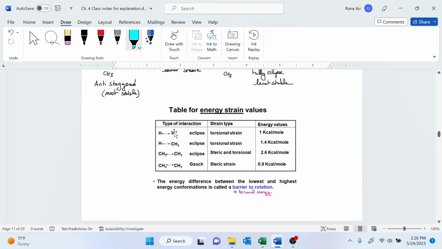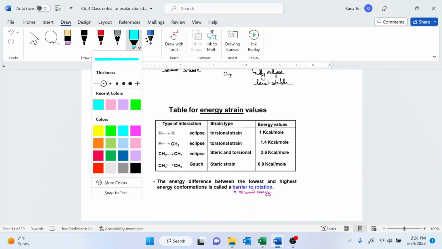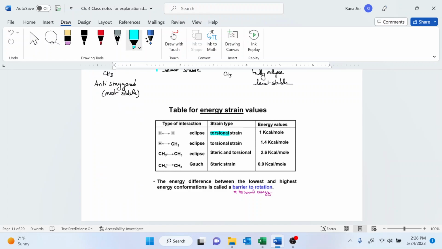The type of strain between these two hydrogens we call torsional. Torsional is the term you use whenever you have an eclipsed conformation. Every time you have eclipsed, you use the torsional term.